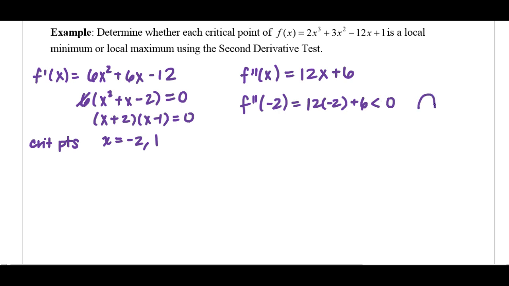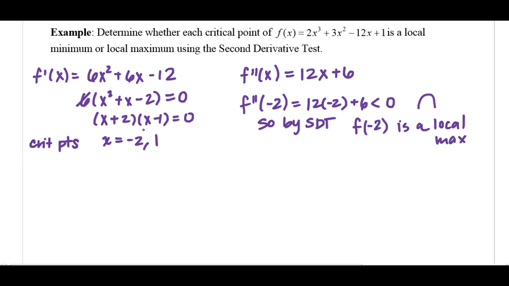So if I have a concave down function, that means that at negative 2, there is a local maximum. So f double prime of negative 2 is less than 0. So by the second derivative test, f of negative 2 is a local max.